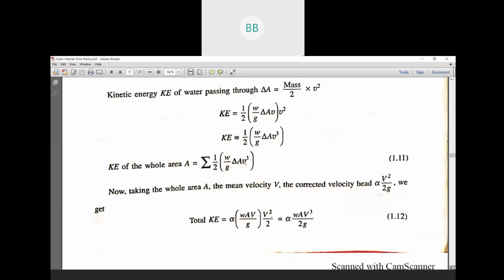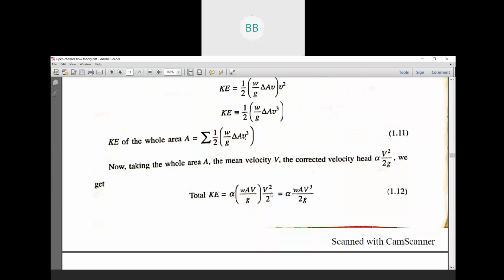So our intention is to find out the alpha. Our intention is to find out our expression for alpha. So what we have calculated here, that kinetic energy for the whole cross-sectional area by considering small elementary area, we have determined here, that we have put as equation number 1.